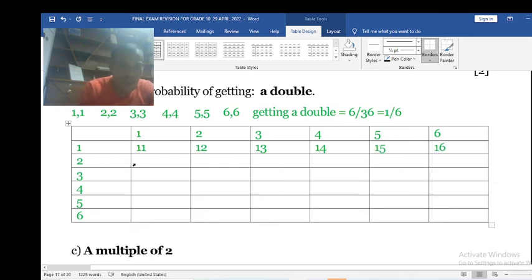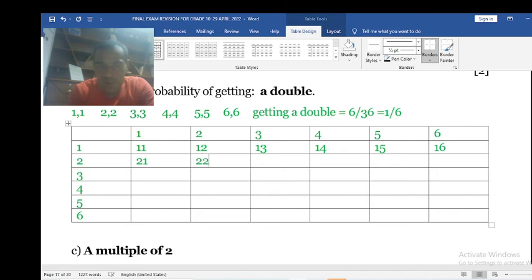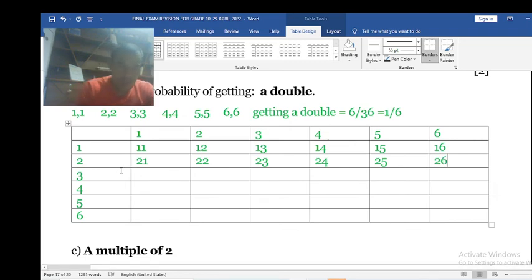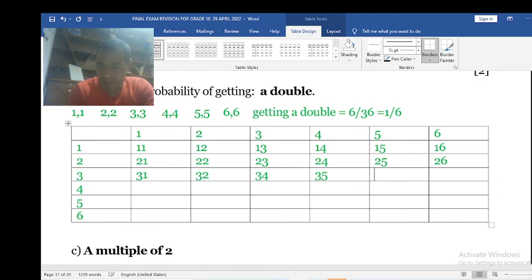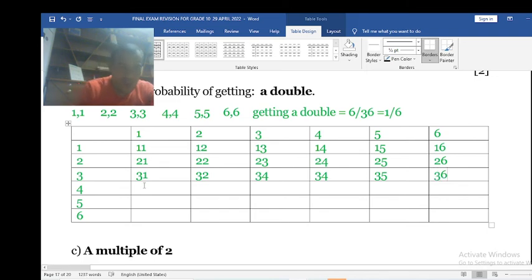Then here 2,1, then 2,2, then 2,3, then 2,4, 2,5, 2,6. The next, we have 3,1, then 3,2, 3,3, 3,4, 3,5, 3,6. We move to the next part.